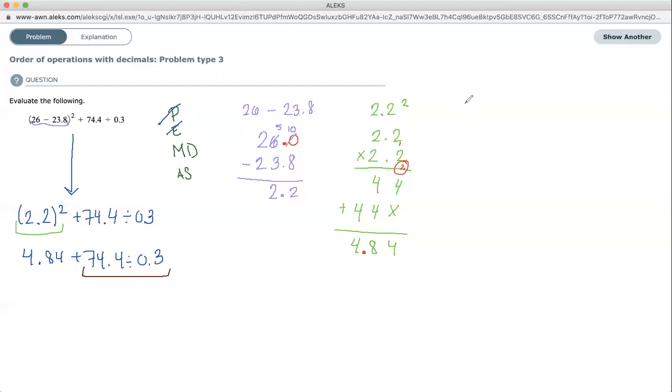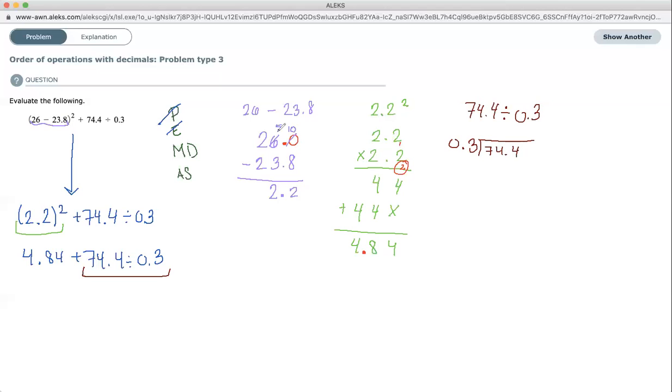Okay, so I have 74.4 divided by 0.3. And for this, I'm going to set up long division. The divisor always comes on the outside. Okay.